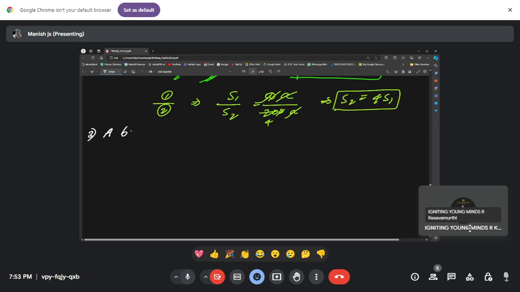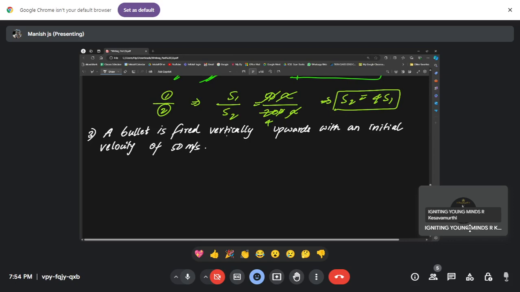A bullet is fired vertically upwards with an initial velocity of 50 meters per second.